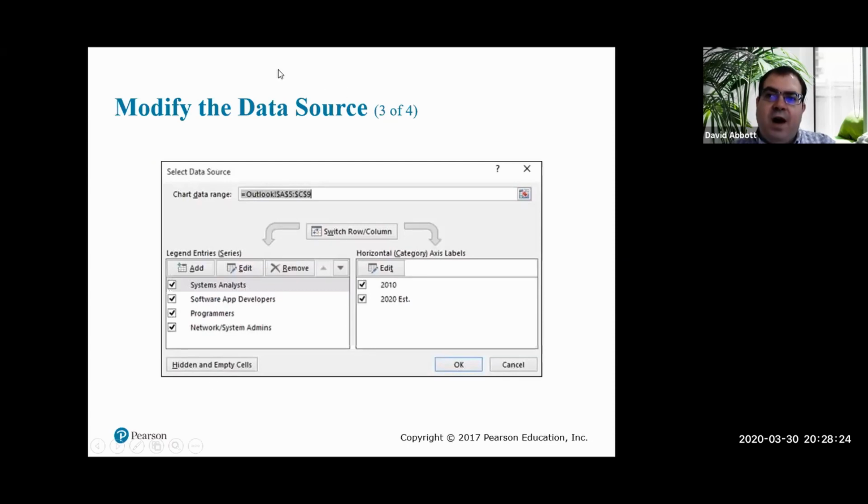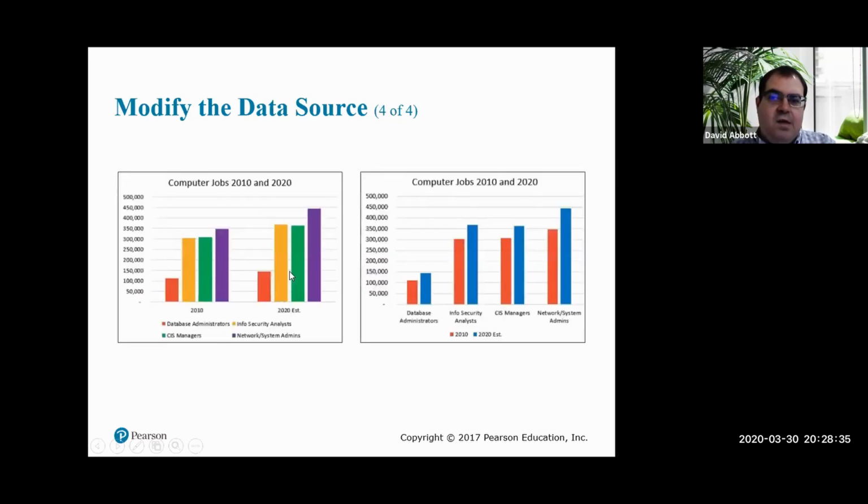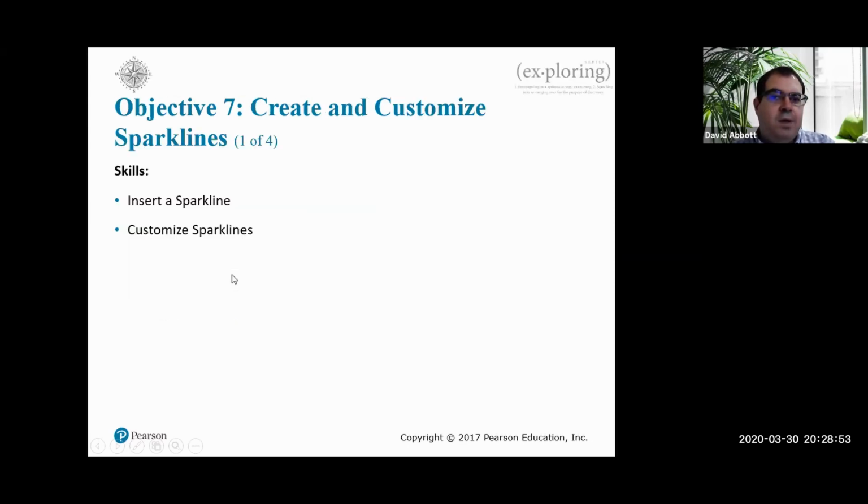And then you can modify the data source in terms of which series you want, the names, etc. So you can use this as well. And again, you can flip it two different ways. So you can have it where 2010 and 2020 are grouped, and then it's listed this way, or it's done this way, categories by the job, as an example.